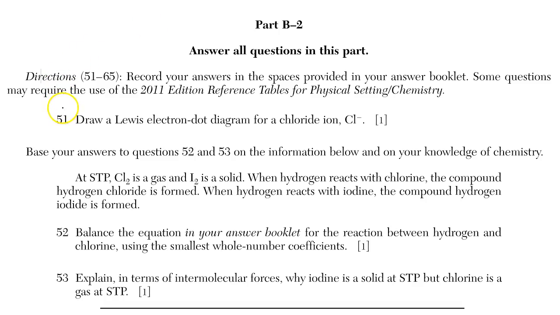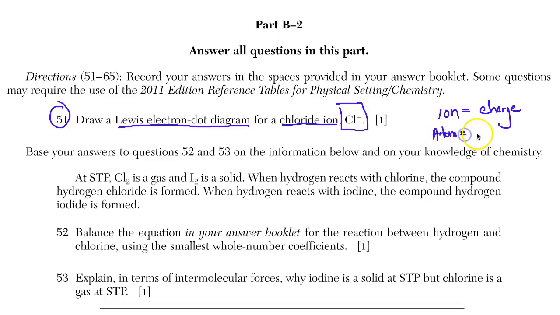In number 51, draw a Lewis dot diagram for the chloride ion. Very important: you hear the word ion, you know it's charged. Now, of course, you see a charge given to you, but they could have just said chloride ion and not given you this example. Remember, every time you hear the word atom, you think what?